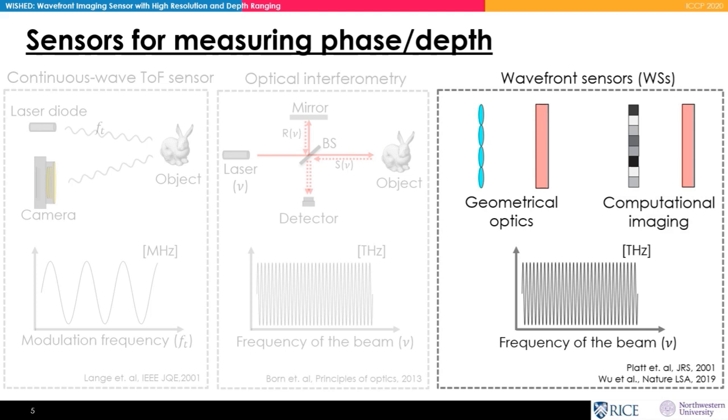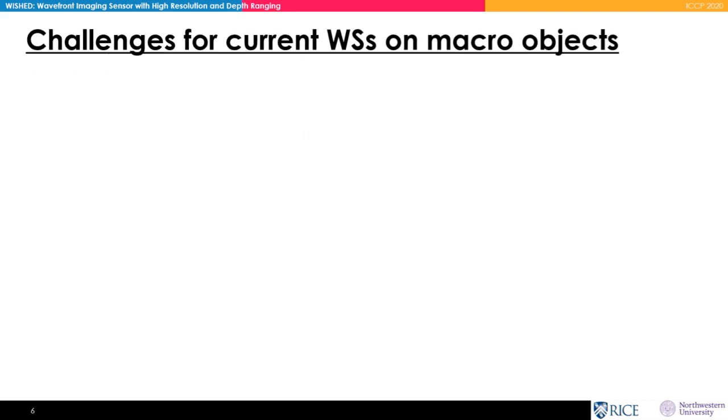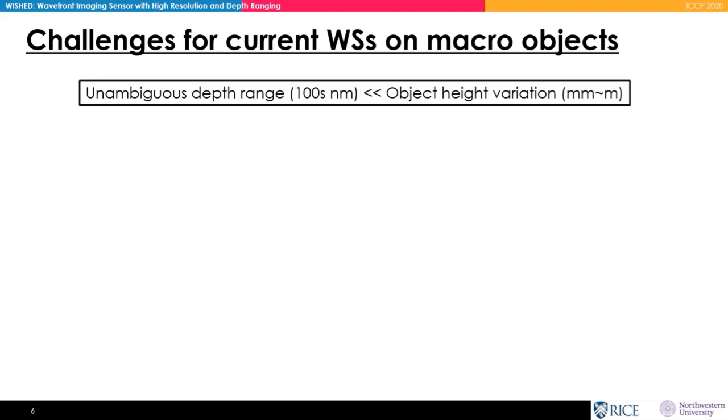The key idea is to combine optical modulation with computational algorithms. Although wavefront sensors can provide extremely high depth resolution, these sensors cannot be used for microscopic objects. It is because the unambiguous depth range, which is just hundreds of nanometers, is much smaller compared with the object height variation.